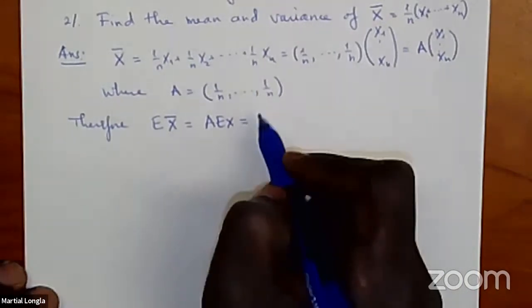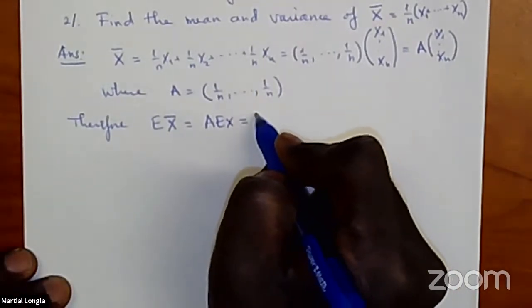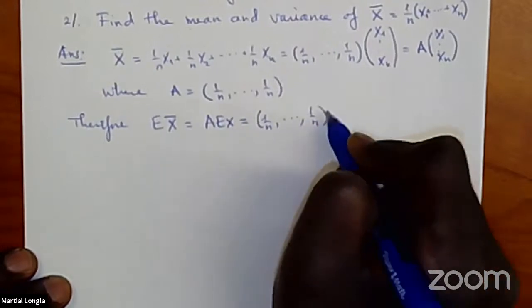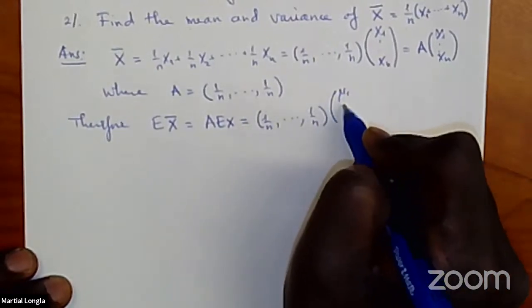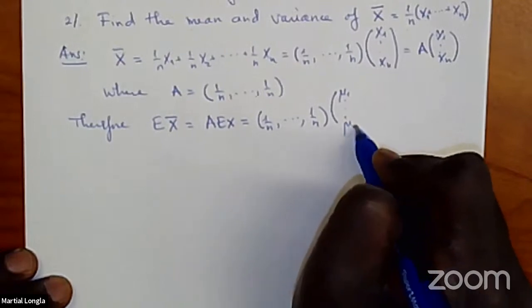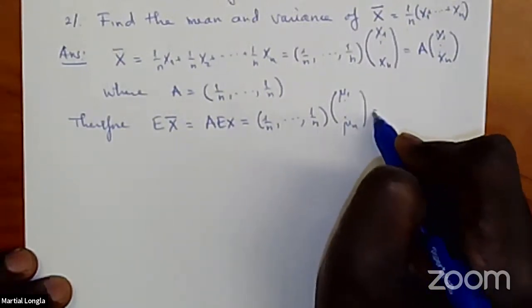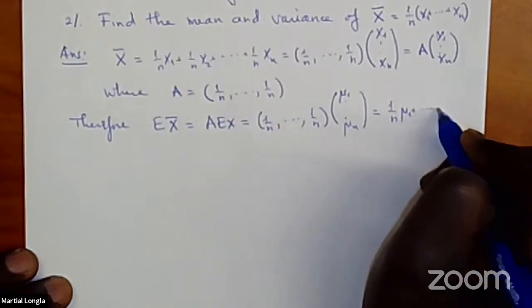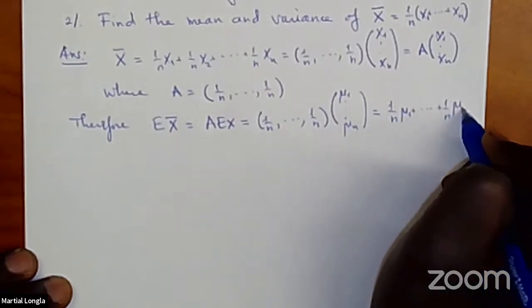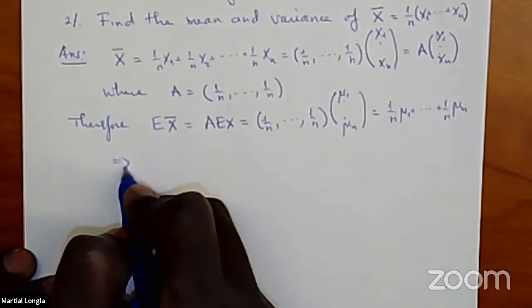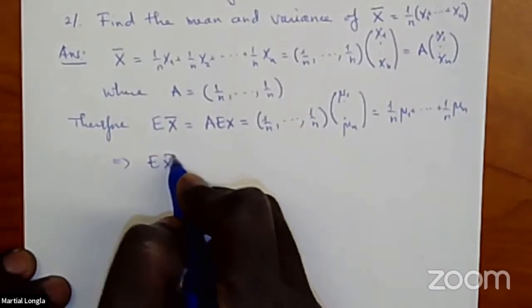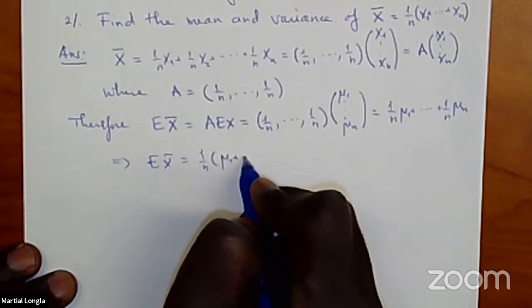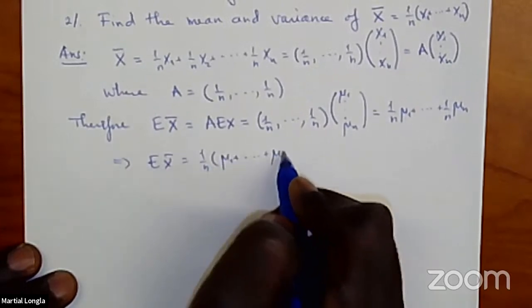So that's going to be 1 over n times (mu_1 down to mu_n), which is 1 over n mu_1 plus down to 1 over n mu_n. So the expected value of x bar is 1 over n times (mu_1 plus down to mu_n).